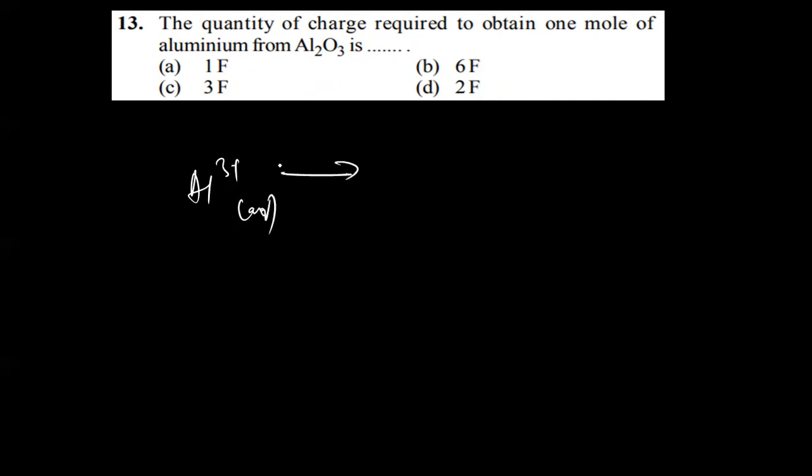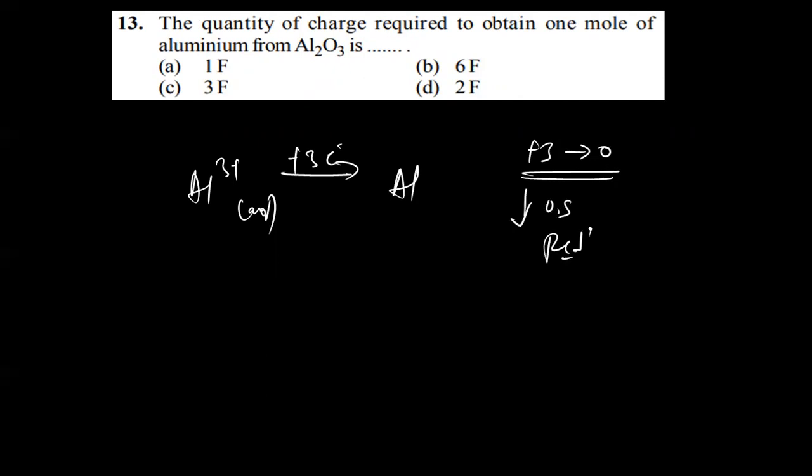So if we write it in the equation form, you will get aluminium. Here the reduction takes place, aluminium from its 3 plus oxidation state to 0 oxidation state. That means plus 3 to 0 is nothing but a decrease in oxidation state, which is nothing but reduction.